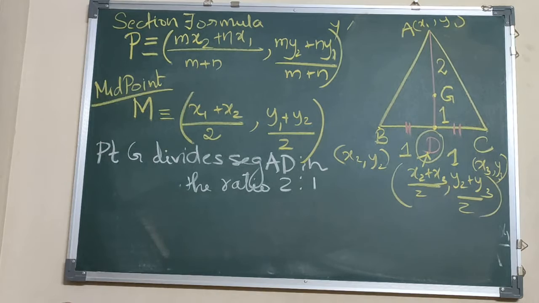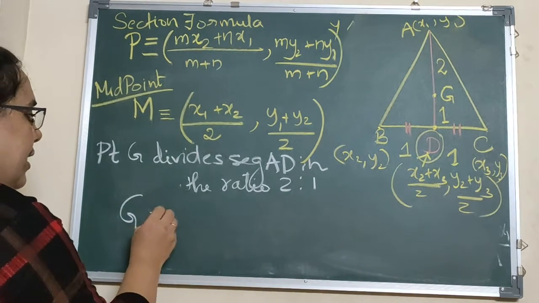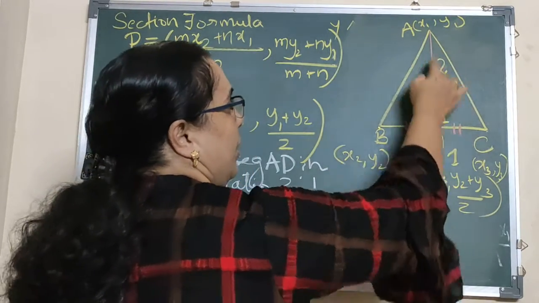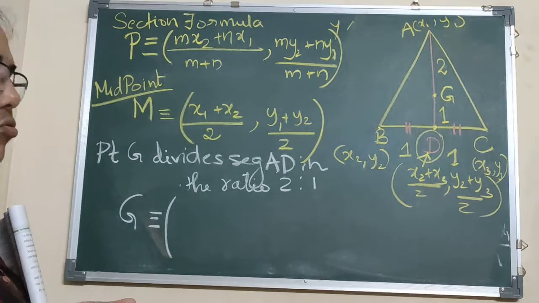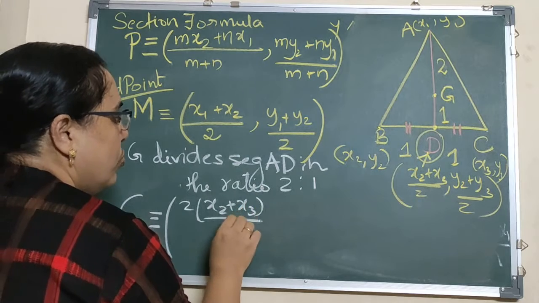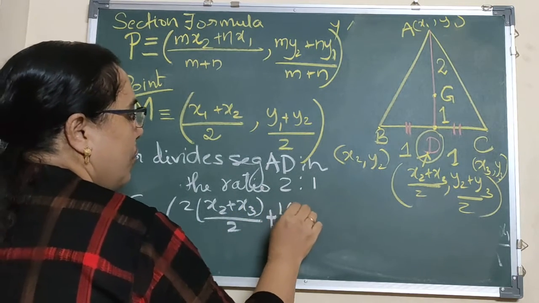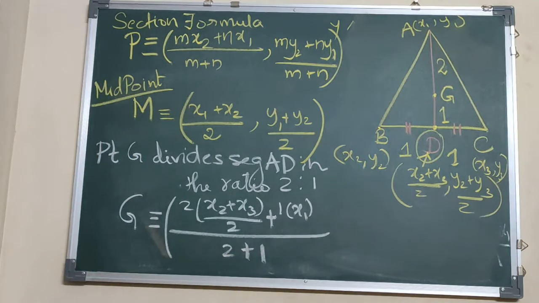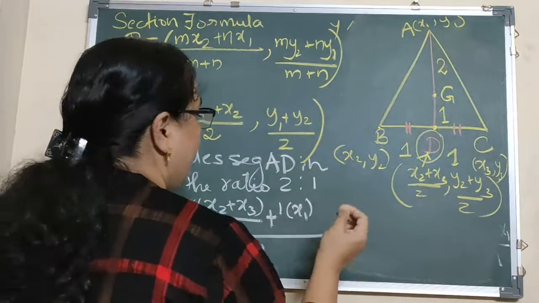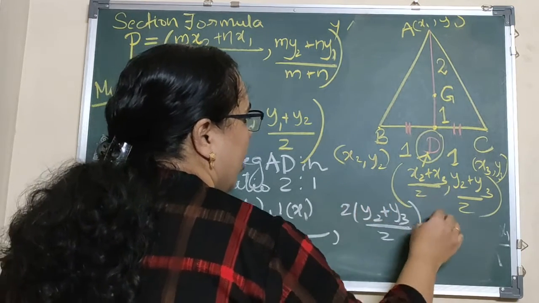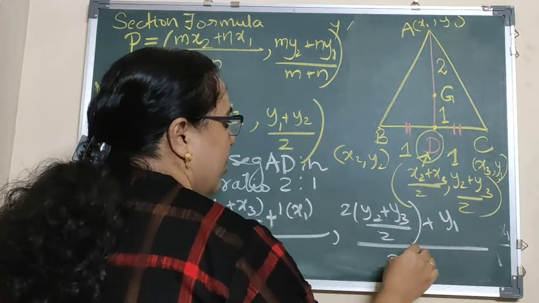So when we find the coordinate of G, you will get 2 into (x2 plus x3 upon 2) plus 1 into x1, the whole upon 2 plus 1. Right? So the 2 gets cancelled. Similarly, for the y coordinate you get 2 into (y2 plus y3 upon 2) plus y1, upon 2 plus 1.